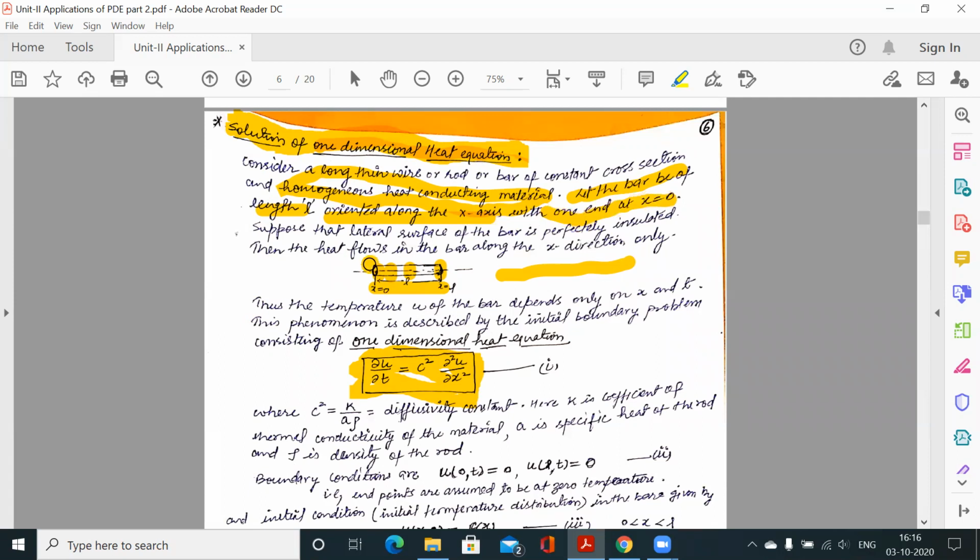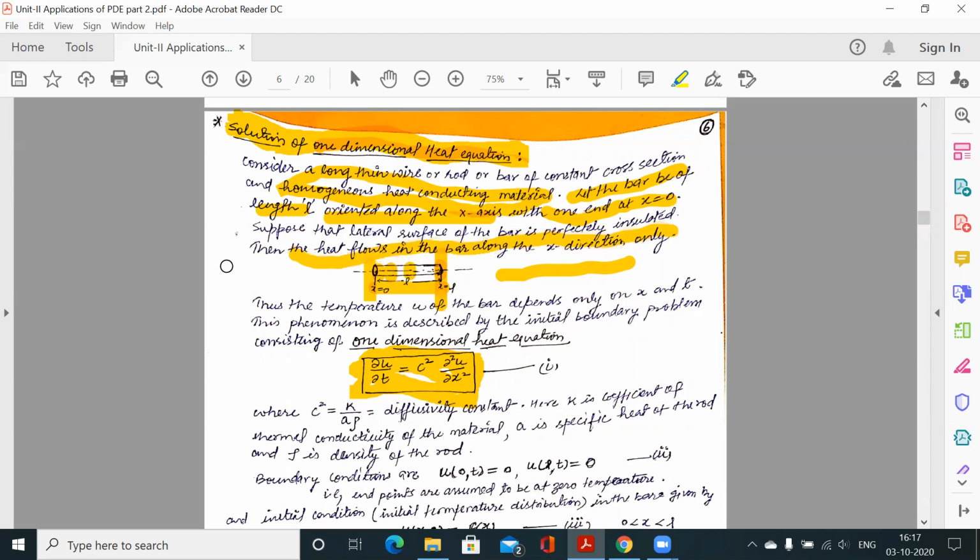Similarly, the other end is at x equal to L, because it is a rod of length L.